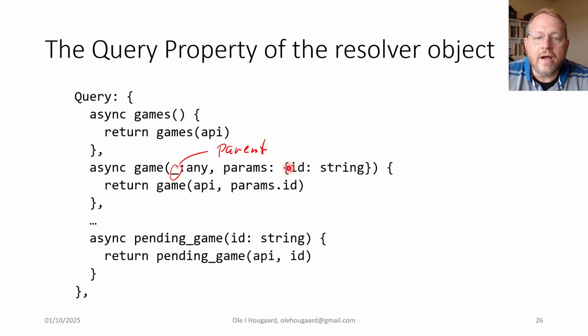They have an ID that's a string. I guaranteed that in my SDL, and also that ID actually had an exclamation point. And do note that I use string for the ID type. Then I call a method that returns a game. It may or may not return a game.